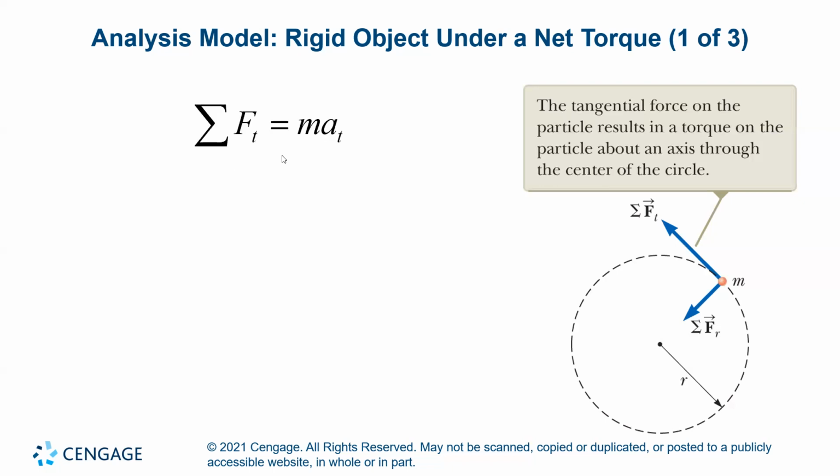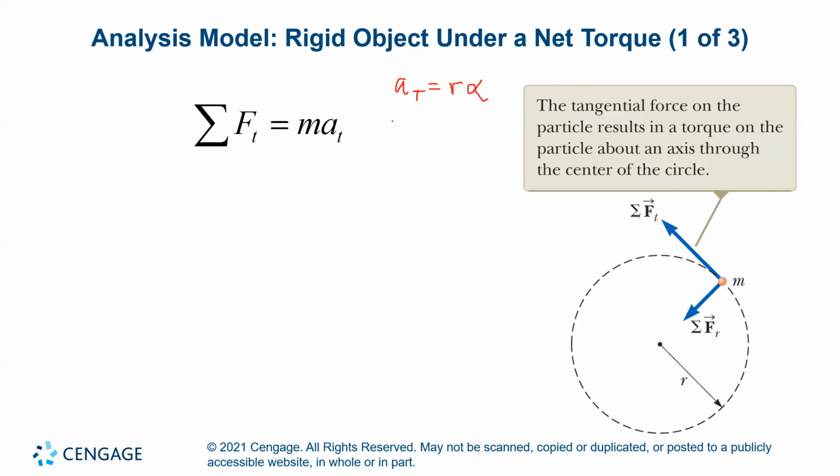We start with Newton's second law: the summation of all tangential forces is equal to the mass times the tangential acceleration. I want to remind you of a lesson we had last meeting, that tangential acceleration is related to angular acceleration, a sub t equals r alpha.